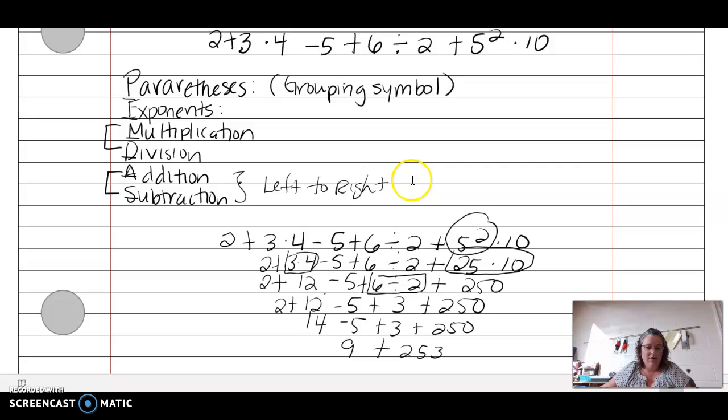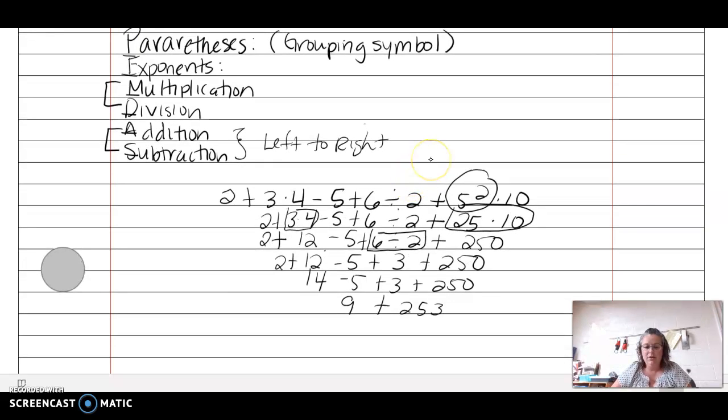And then in the end, we should have ended up with 262. Thing is that if you did not follow the order of operations properly, you would not have gotten the same answer, even though we all were doing the same problem. So again, as we go through expressions like this and we have to simplify them, please use the order of operations, PEMDAS, that we just talked about.